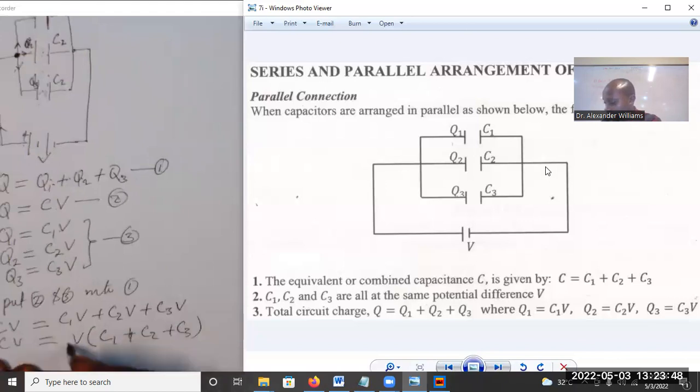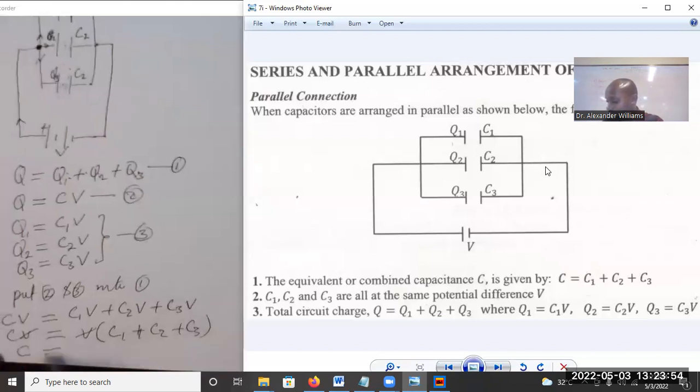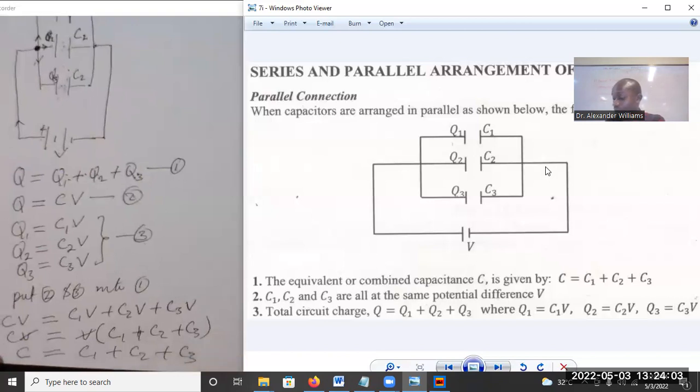We can get rid of the V on both sides, and we end up with the result: C is C1 plus C2 plus C3. That means when you connect capacitors in parallel, the effective capacitance is given by the sum of the individual capacitances of each capacitor, adding up to the overall capacitance of the combination when connected in parallel.